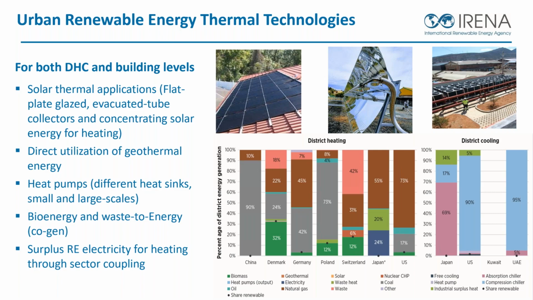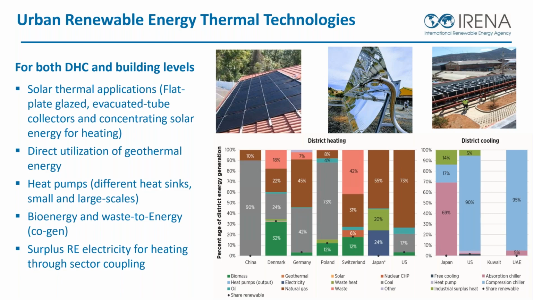The professor from Aalborg University already highlighted that the heat pump plays a critical role in scaling up applications of direct use of geothermal. Just to give you an example of the magnitude, from 2001 to 2018, applications of geothermal use increased by 60%, mostly thanks to heat pumps.